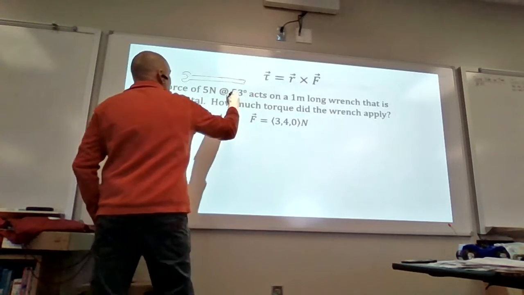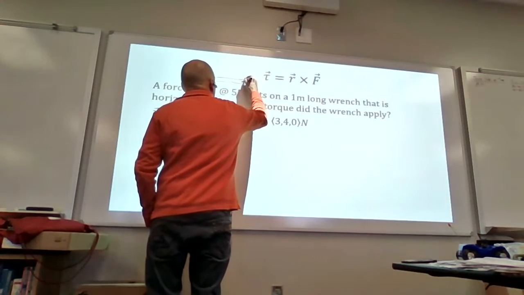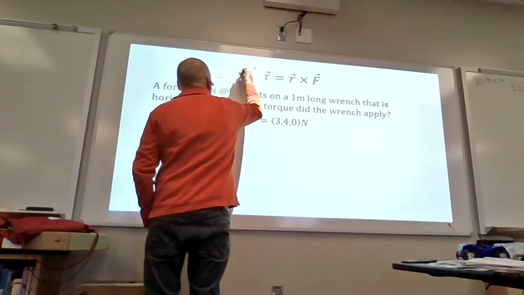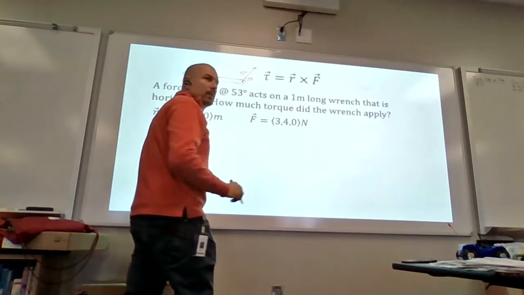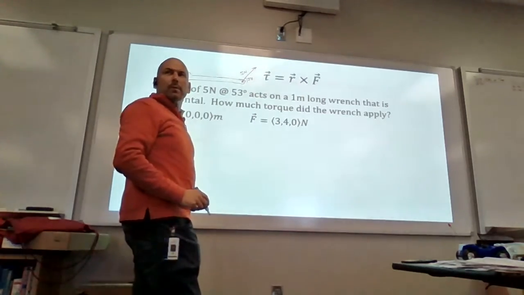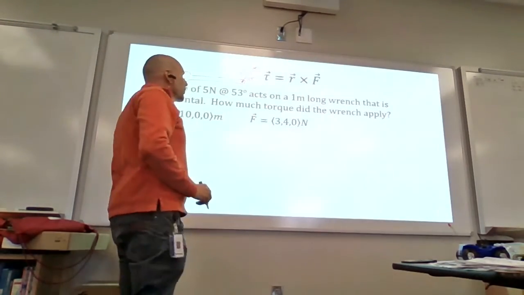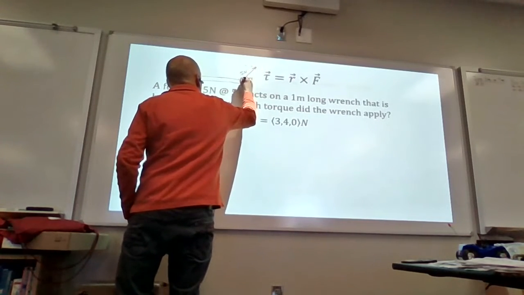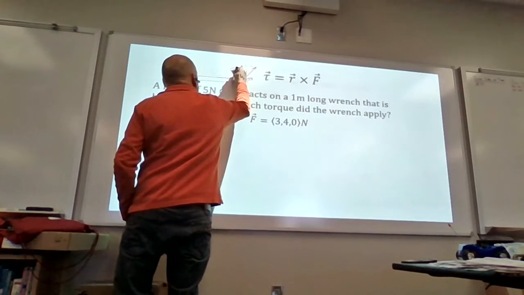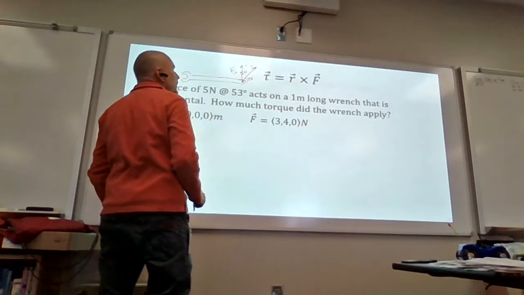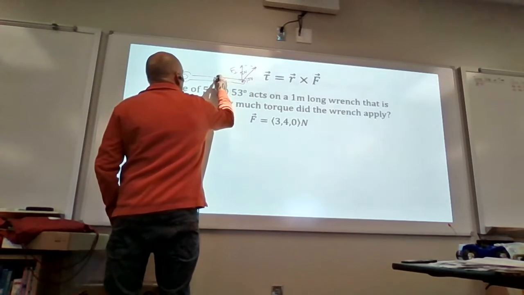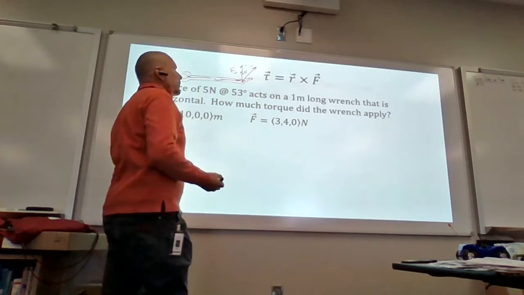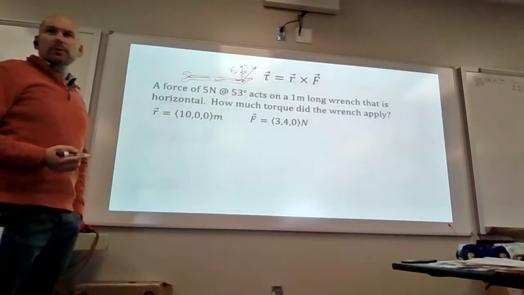Okay, and you're exerting a force at 53 degrees, 5 newtons. Okay, you're going to find the component of force that's perpendicular to that. That's going to be your force perpendicular to 1 meter. So it should be 4 meter newtons.